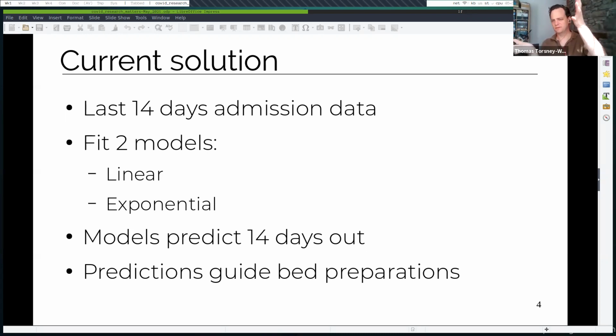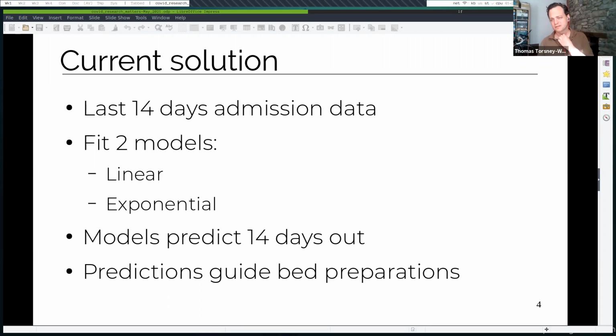Then they look at these two results over the next 14 days, and based on that, they make a recommendation for how many hospital beds the hospital needs to prepare for the next 2 weeks. And then that goes to the people who actually prepare the beds, and that's how the whole process works.